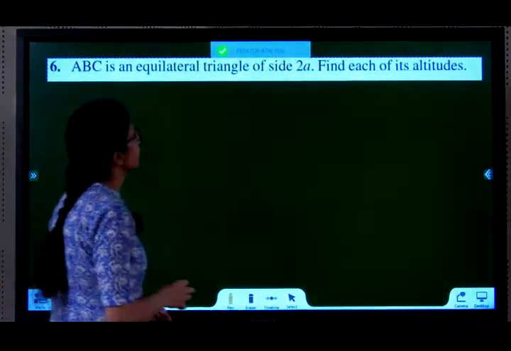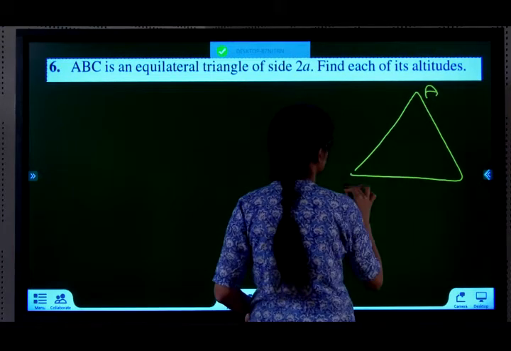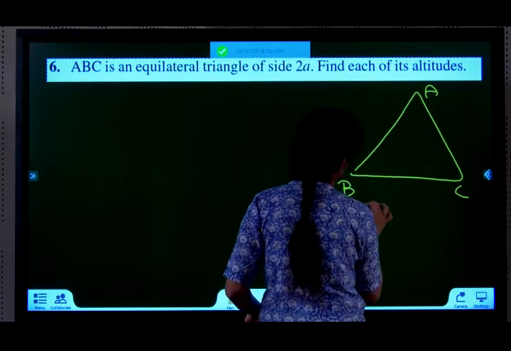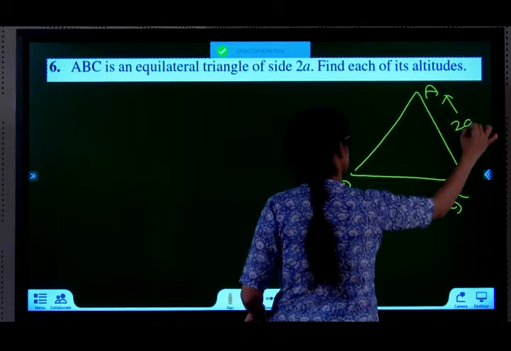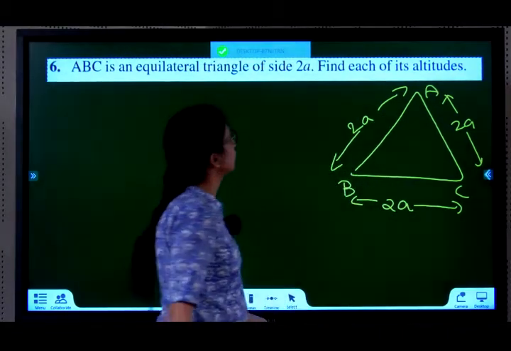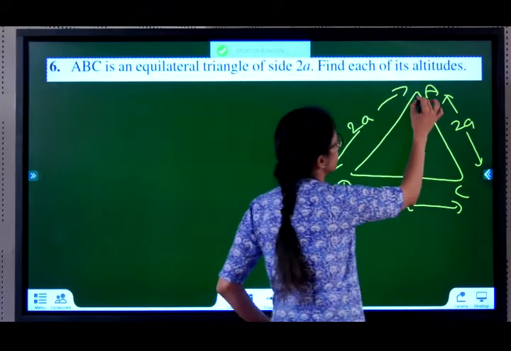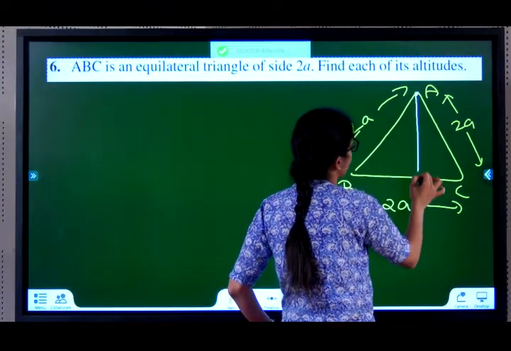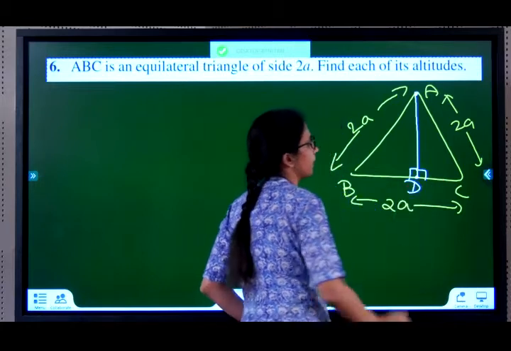ABC is an equilateral triangle of side length 2A. Find each of its altitudes. Since it is equilateral, all altitudes will have equal length. So let's drop this altitude as 90. Okay.